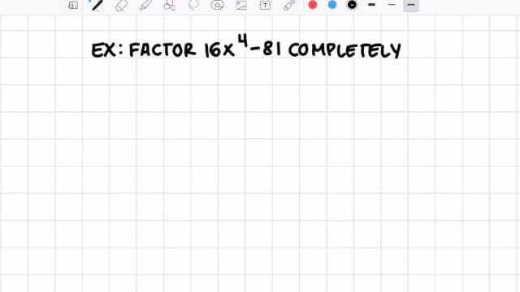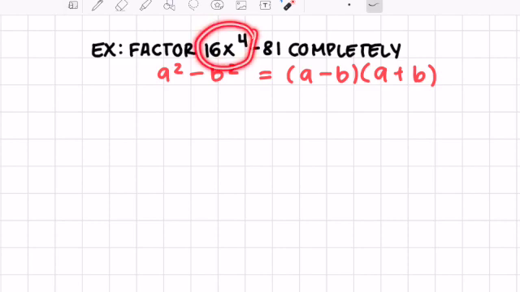If I'm going to factor this out, I can again use that special formula a squared minus b squared, where when we factor it, the first term is going to be subtracting with the second term and also adding with the second term. So to do this, it's a little bit bigger, but that's okay. We'll still go through the same steps.